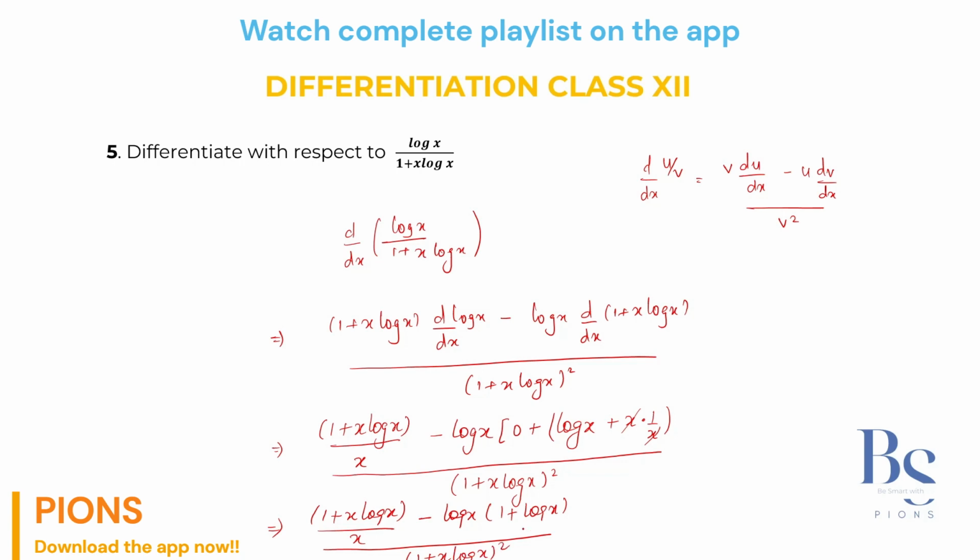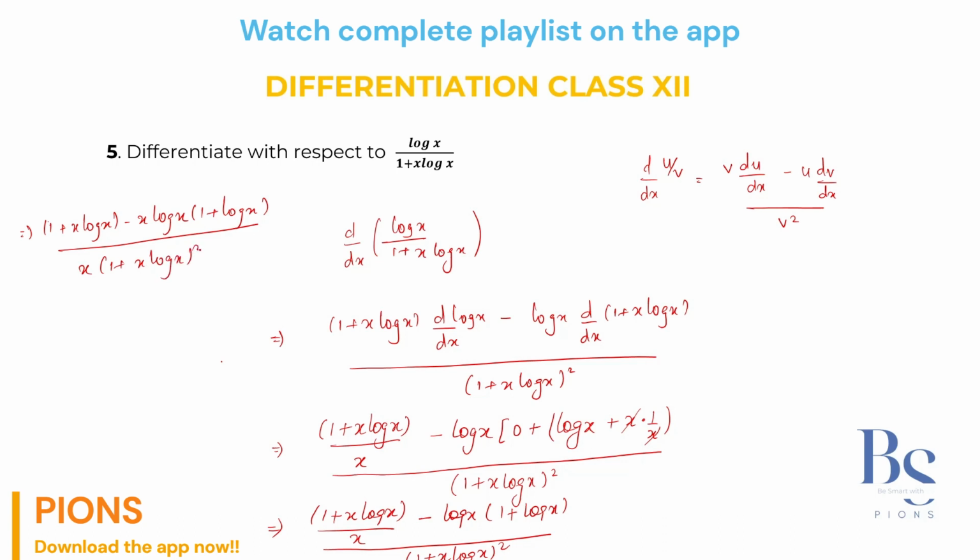Clear? So let me write the remaining part on the left hand side here. So we will be left with 1 plus x log x, 1 plus x log x. And when you cross multiply, x will go on the right hand side, x log x into 1 plus log x whole divided by x will go down and this will be 1 plus x log x whole square.